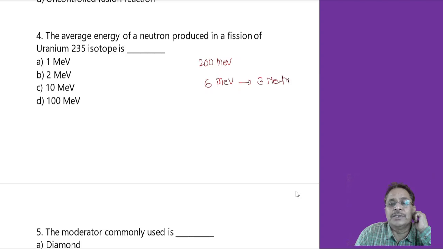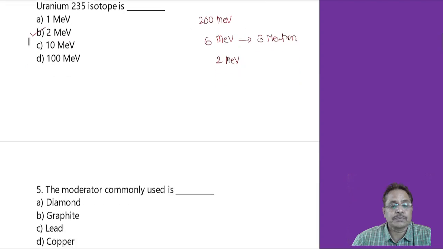On an average, every fission reaction gives 3 neutrons as outgoing particles, and the total amount of energy carried by these neutrons is almost 3%, or 6 MeV. Therefore each neutron carries approximately 2 MeV of energy with it from this reaction, and therefore option B is correct for question number 4.